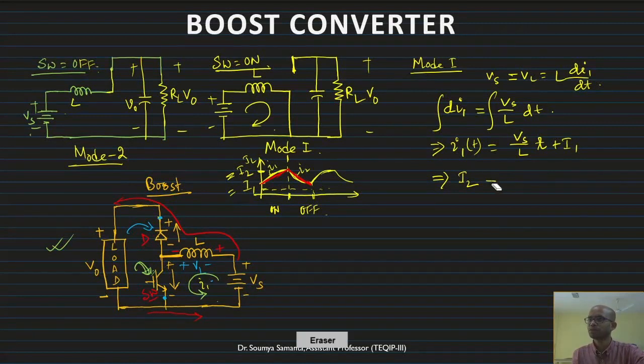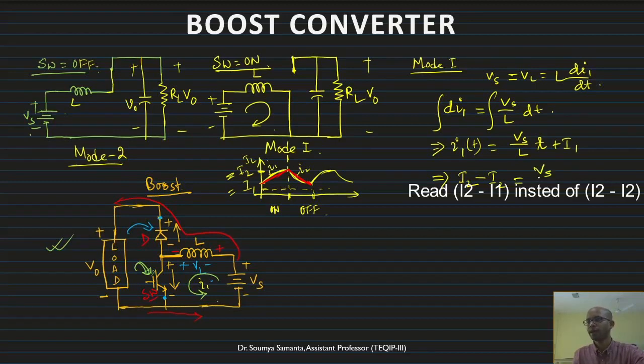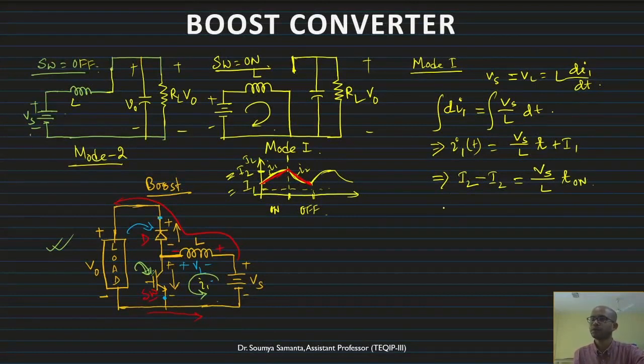If I take I2 minus I1, this equals Vs by L into T. Obviously this T is nothing but T1. So we can write delta I equals Vs by L into T on.